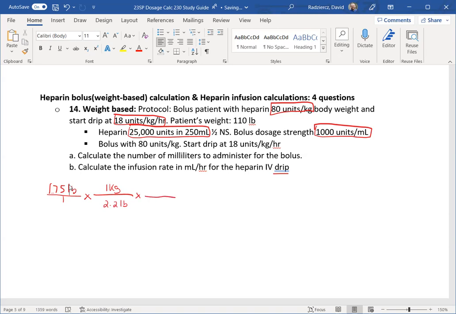Now that I've converted pounds to kilograms, the next thing I'm going to do is account for the bolus, which tells me 80 units per kilogram. Then I'm going to account for converting units to milliliters using the bolus dose strength of 1,000 units per milliliter.